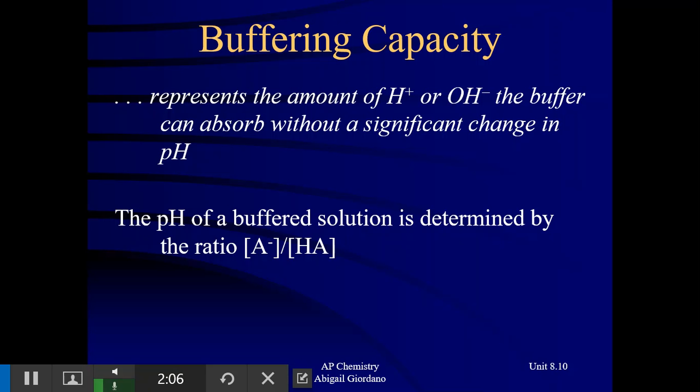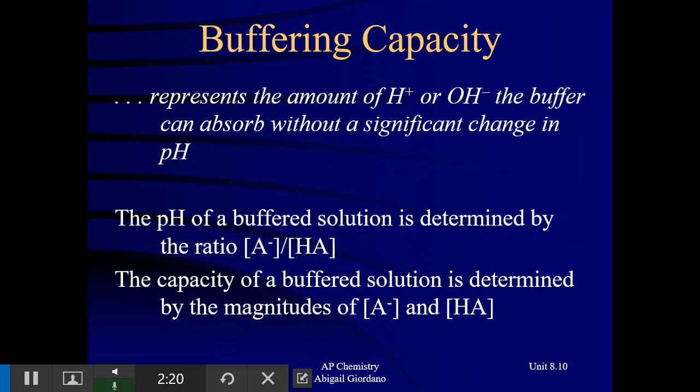If you look at the end of the Henderson-Hasselbalch equation, that's the ratio it's talking about. So the pH of a particular buffer system is determined by that ratio. The buffer capacity is determined by the magnitudes of those concentrations. And we're going to see what happens when you change those concentrations. How does that affect the buffer capacity?